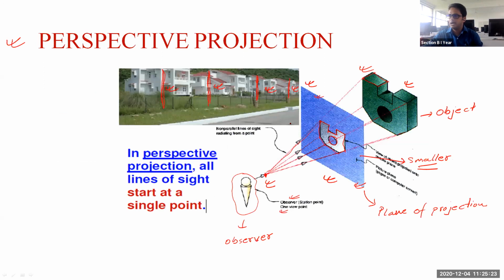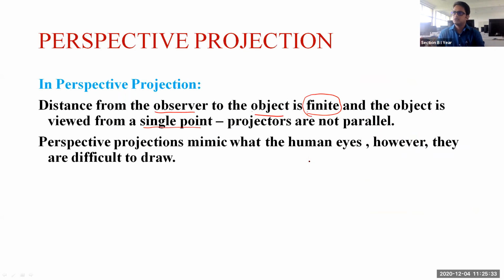The projectors, as I have already told you, these lines that are passing, here you can see they are not parallel. So point number one, the distance between object and the observer is finite. Point number two, the object is viewed from a single point, and the projectors are not parallel.